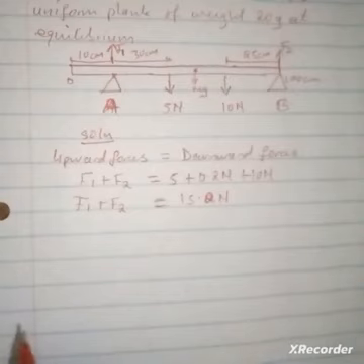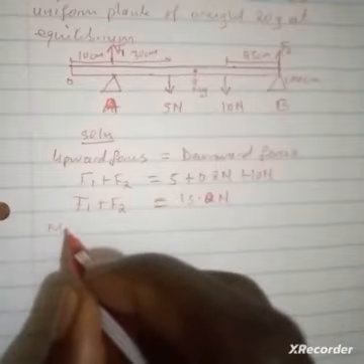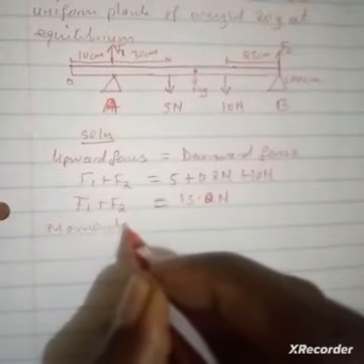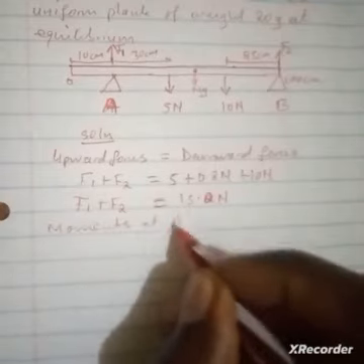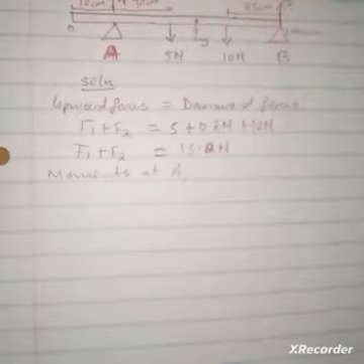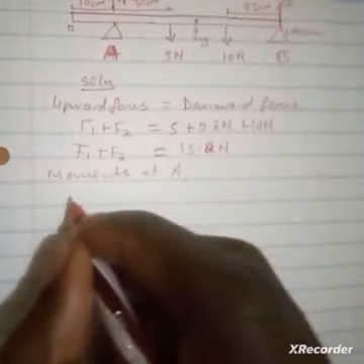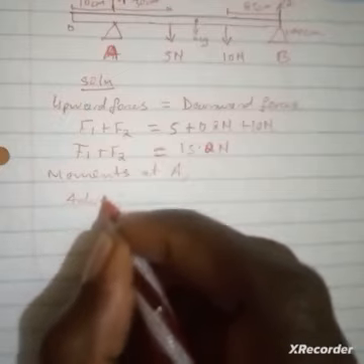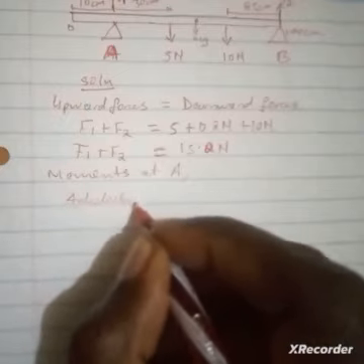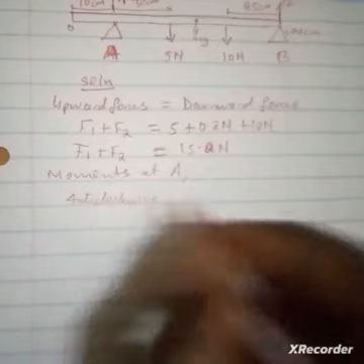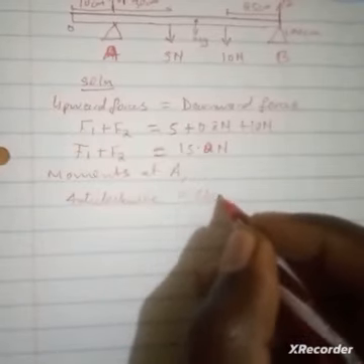So let's take moments at point A. Taking moments at point A, tunajua kwamba sum of anticlockwise moments is equal to clockwise moments.